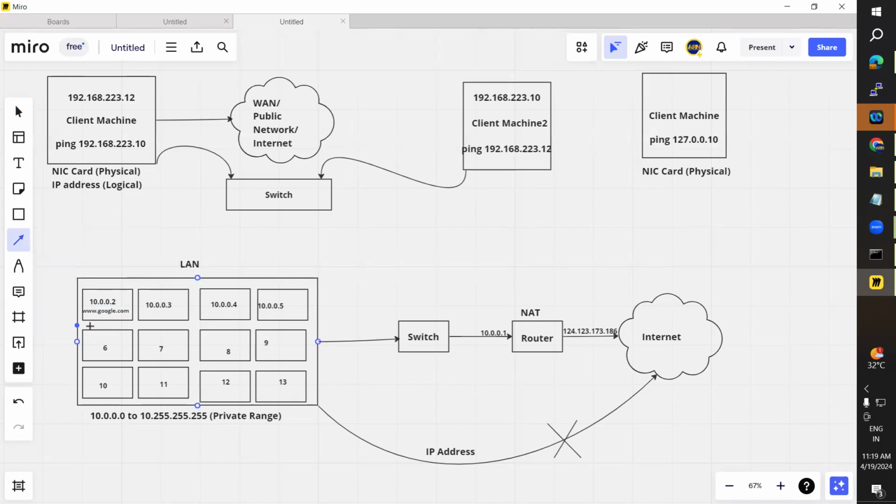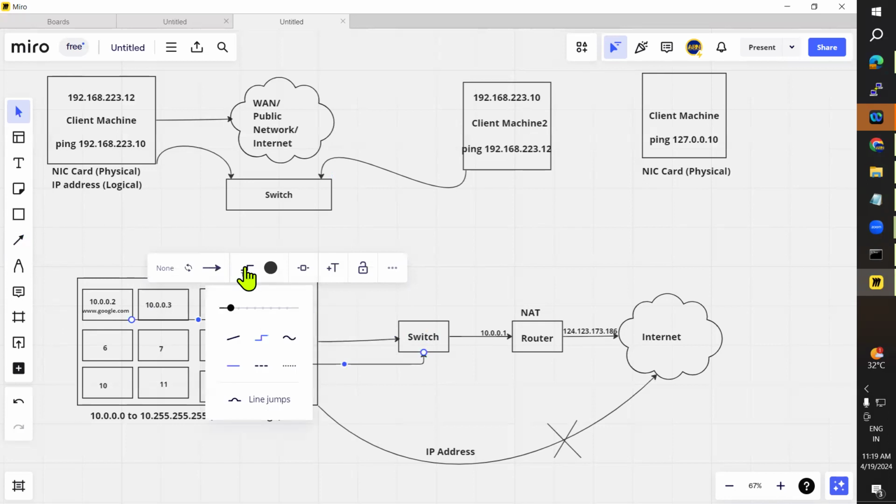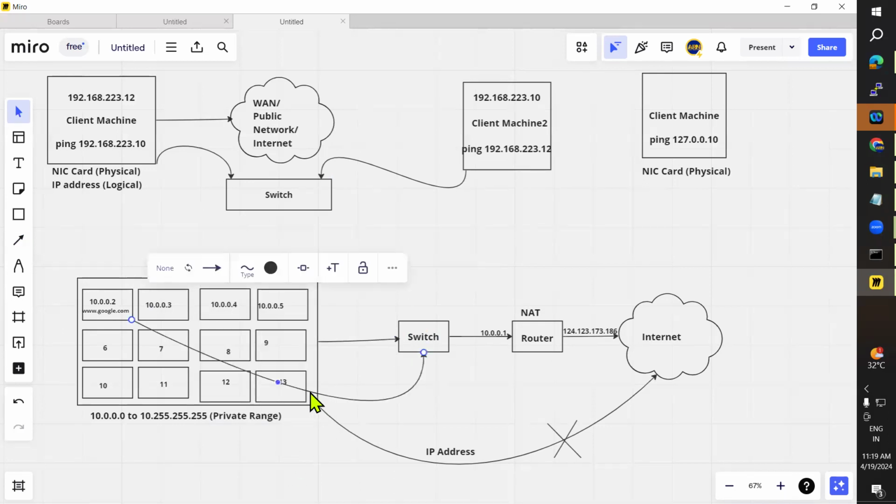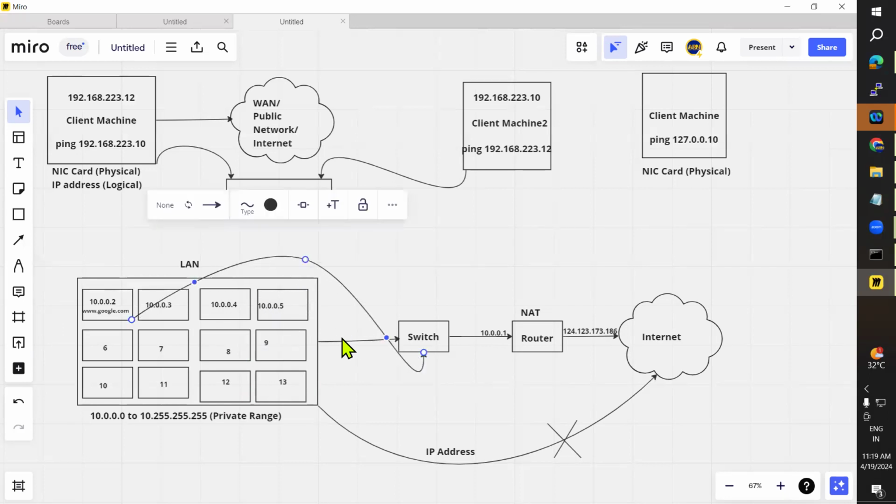The request will go to the switch, and from the switch to the router.